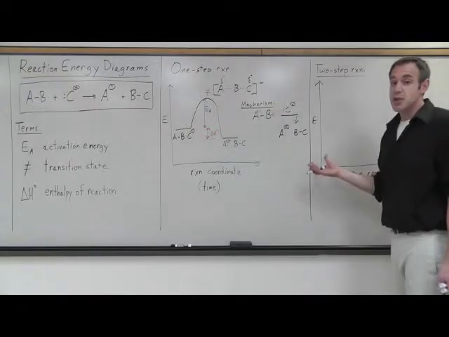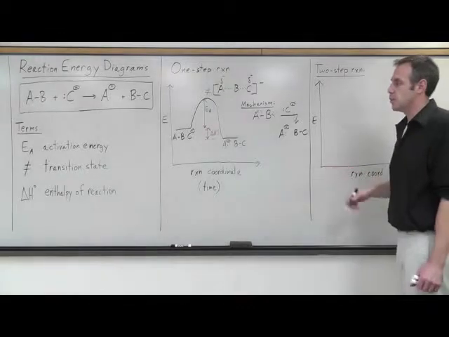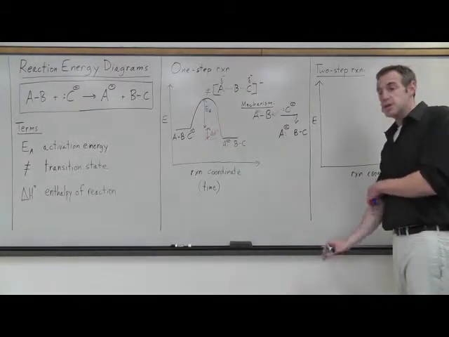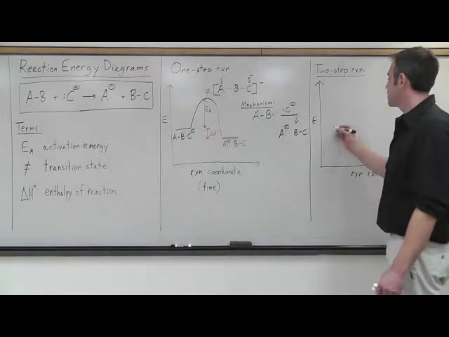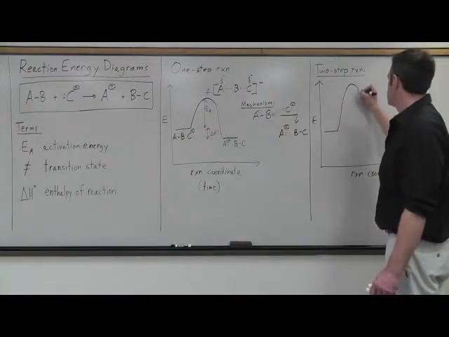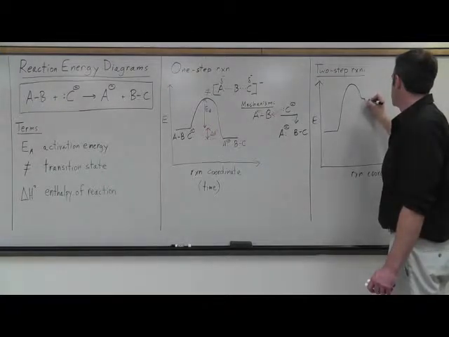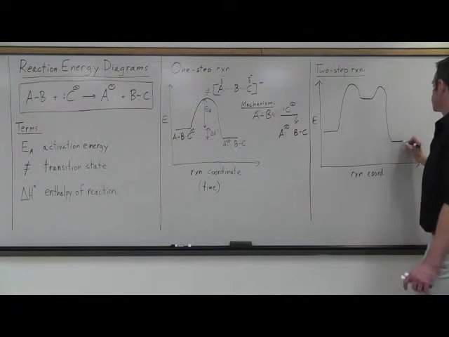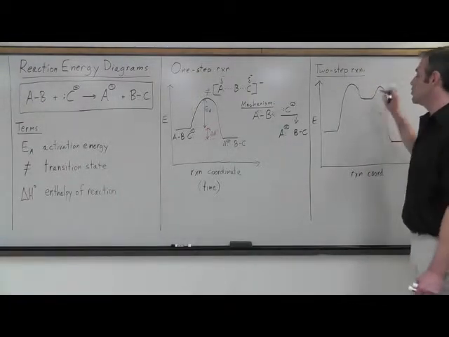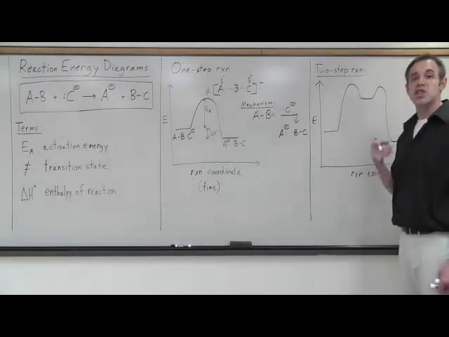We'll make this an exothermic reaction as well, where the overall products are more stable, lower in energy than the starting materials. And so we see in the energy profile we have 2 humps instead of 1 for each step.